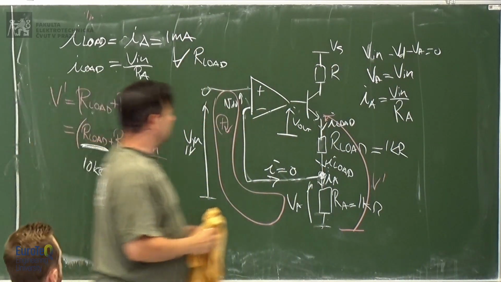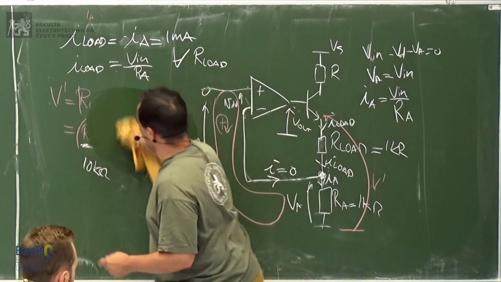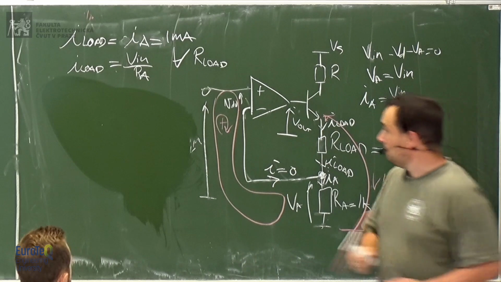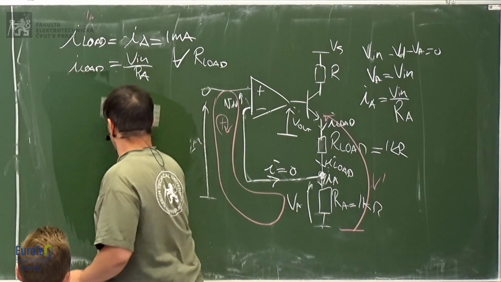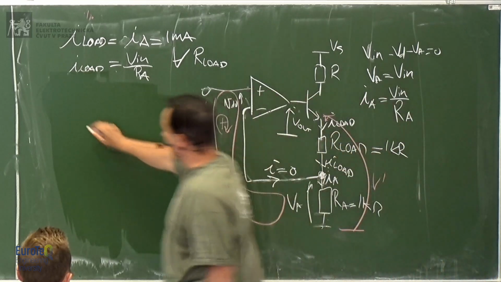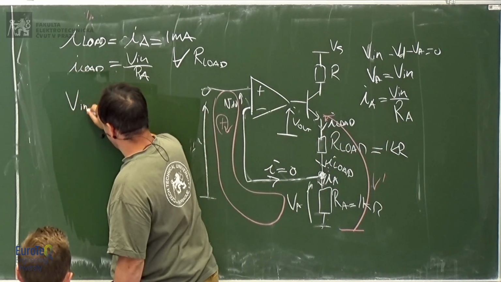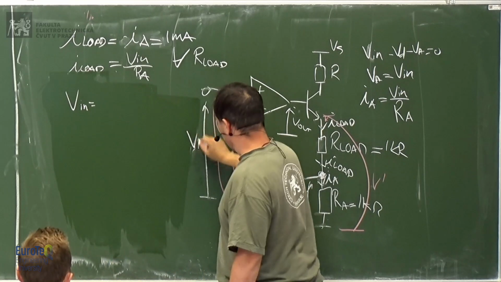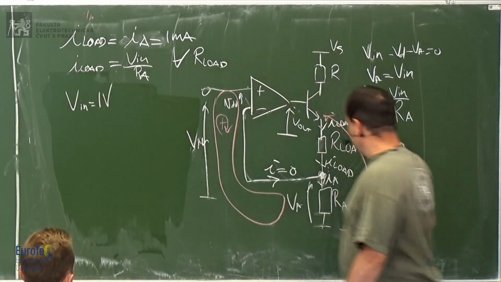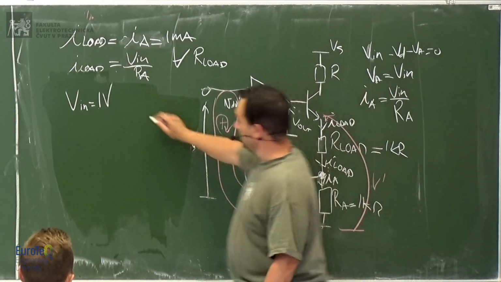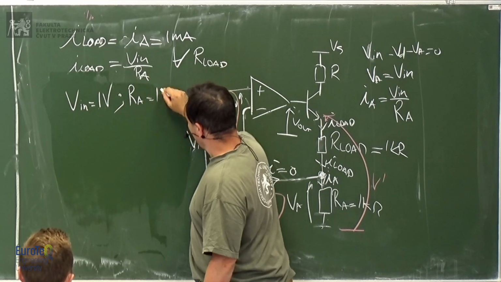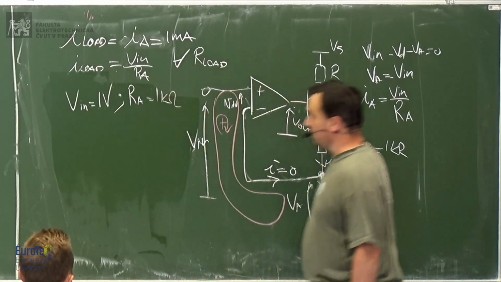So let's make a better summary. Let's say that the input voltage, which is this voltage here, is 1 volt. And let's say that RA is 1 kilo ohm.